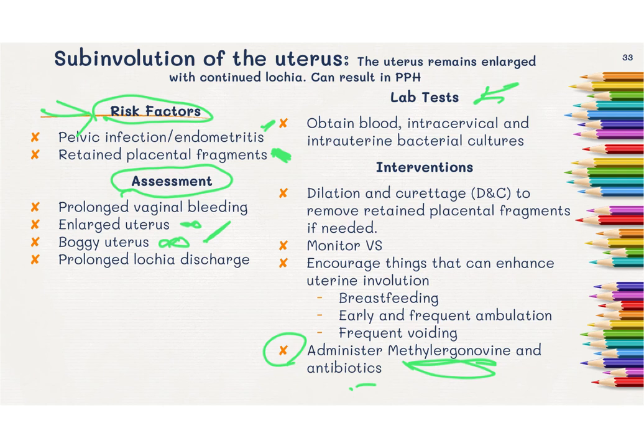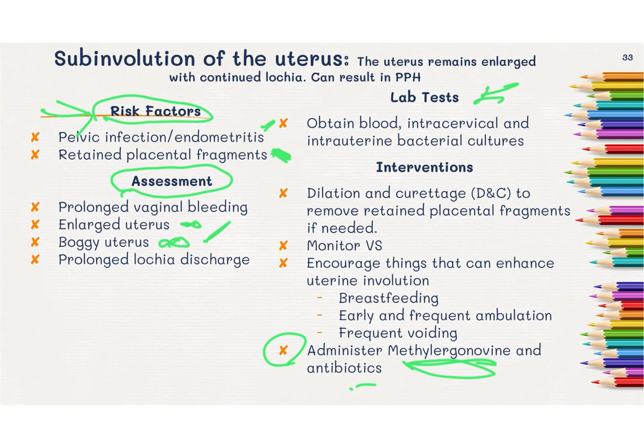Let's go back to the first one, dilation and curettage. If it is established that there are retained placental fragments or membranes in that person's body, they will have them sign a consent for a D&C, which stands for dilation and curettage. They will go to the operating room. They're going to be made so they can't feel what's going on, whether with twilight sleep or total general anesthesia, I can't say.